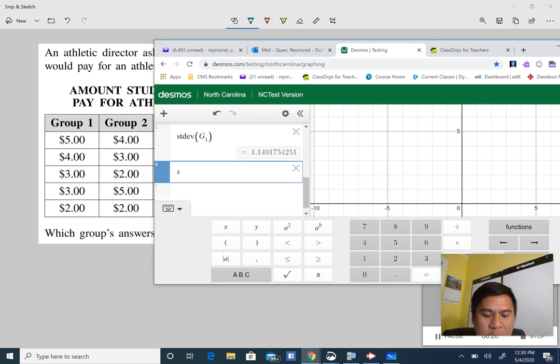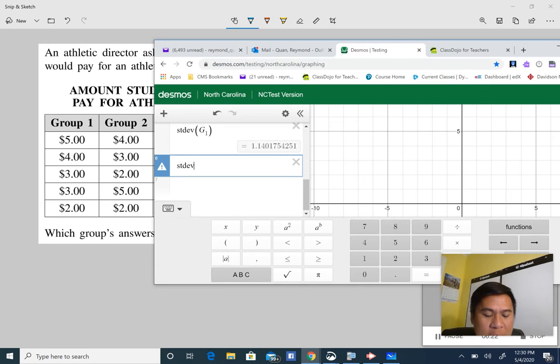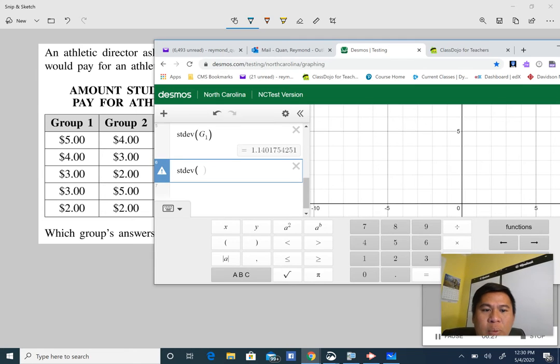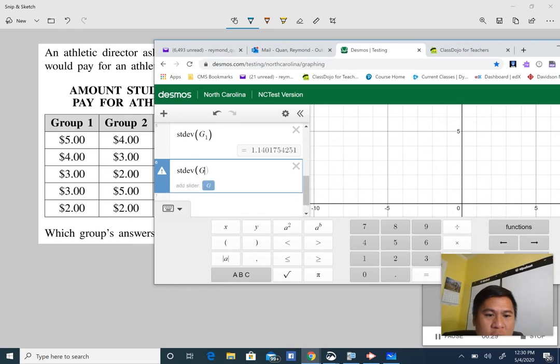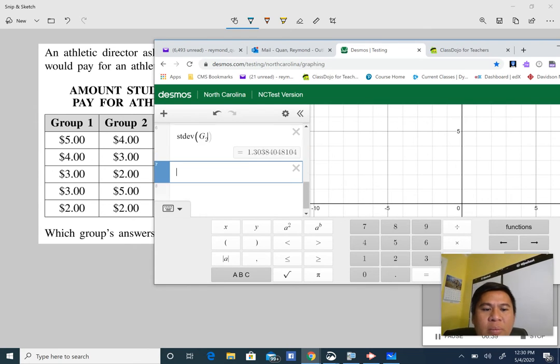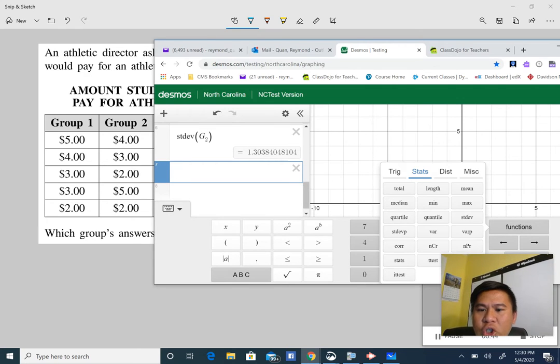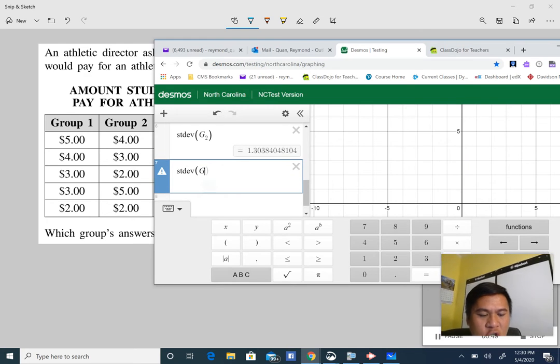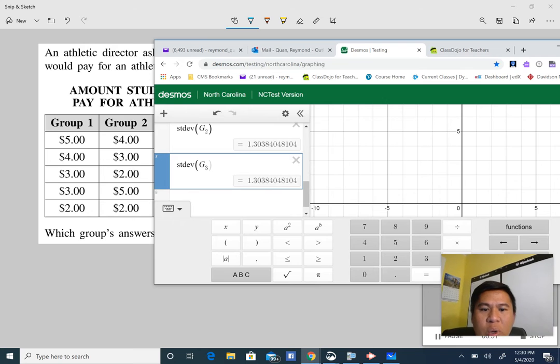I'll put in here again STDEV, so we can actually type it in like that, and I'll put stdev of the next, G2. In that case, that's 1.3038, and I'll do the same for the rest. I can use once more functions under stats, stdev, in this case of G3, which is 1.3038 again.